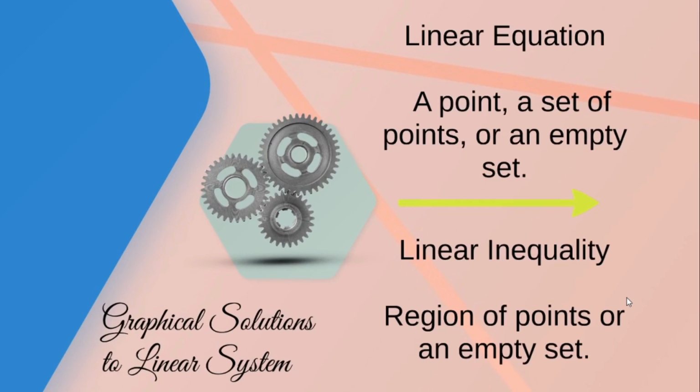How about graphical solutions to linear system? So in linear equation, there is a point, a set of points, or an empty set. While in linear inequality, there are a region of points or an empty set. Kasi sabi ko nga po sa inyo, sa linear equation kasi, mostly ay point lamang, a set of points, yung kapag coinciding lines, kasi madami doong points, kung saan dumaan ang line, yun yung mga points or solution.